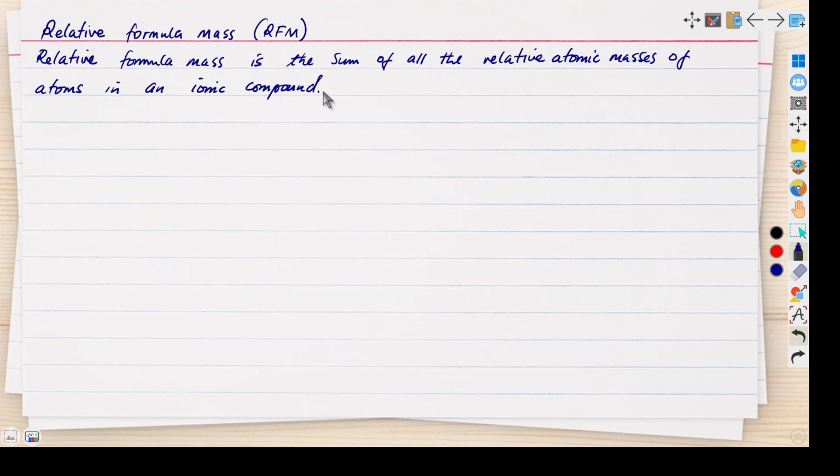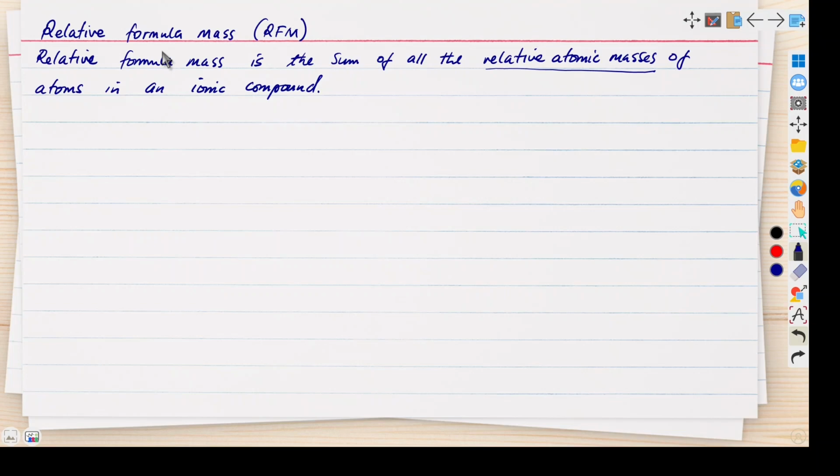This is what relative formula mass is. So it is the sum of what? Of relative atomic masses. So meaning in relative formula mass, you add all the relative atomic masses of the elements or atoms in a compound.